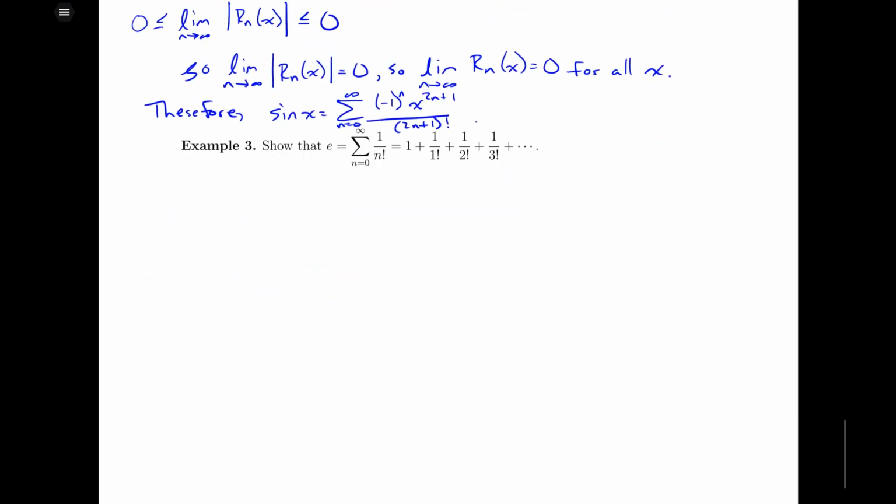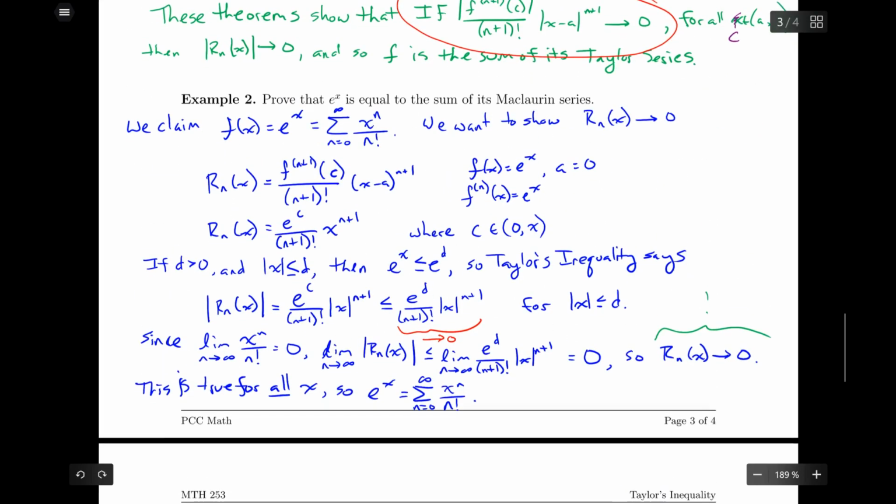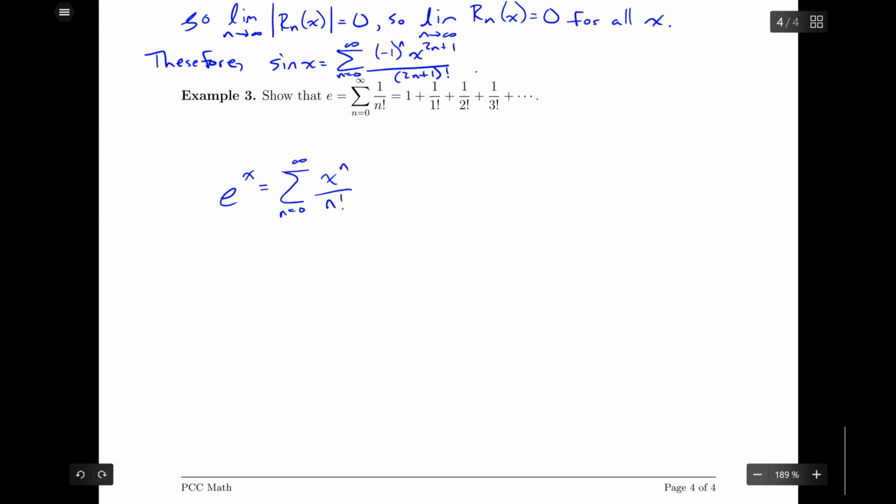Alright, I just want to finish up this video with one nice little bonus. We know that e to the x is equal to a sum, as n goes from 0 to infinity, of x to the power of n over n factorial. And this is something that we know to always be true. We've now proven it. One value that we know this must be true for is if x is equal to 1.